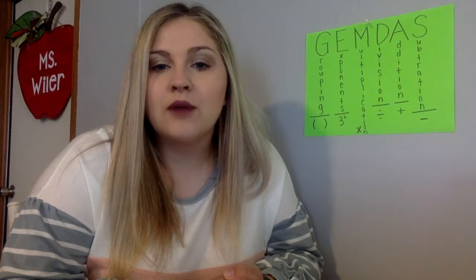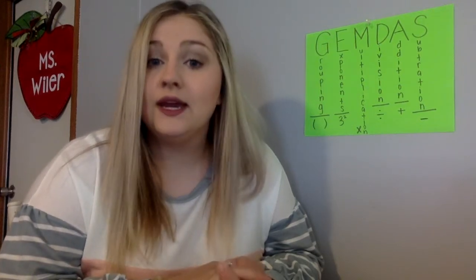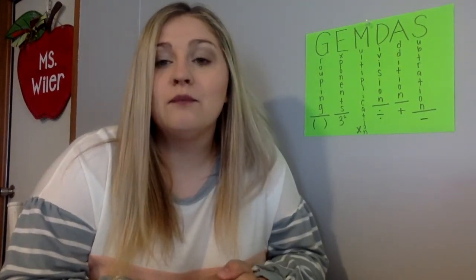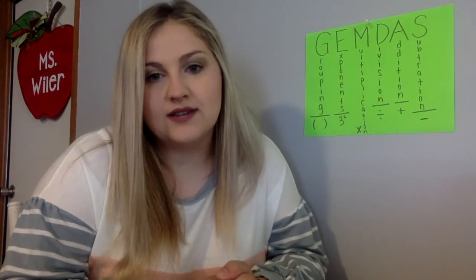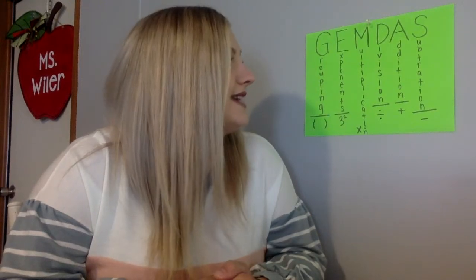That means that we're multiplying 3 to its own power. So 3 times 3, 3 to the second power, okay? Which would be 9, okay? So the M in GEMDAS would stand for multiplication, okay? And we all know multiplication is, okay? That's when we multiply two numbers together, or we can end up multiplying more than one number together, okay? And then we know that D stands for division.